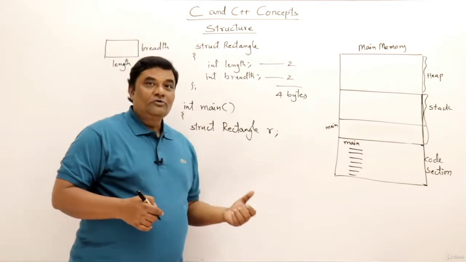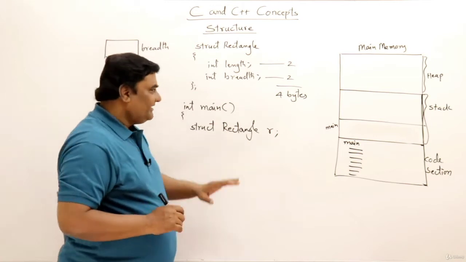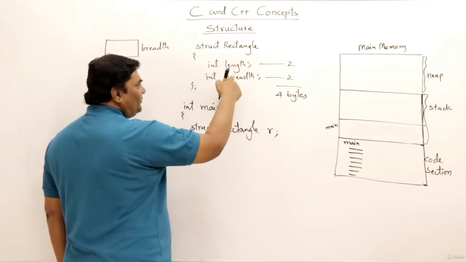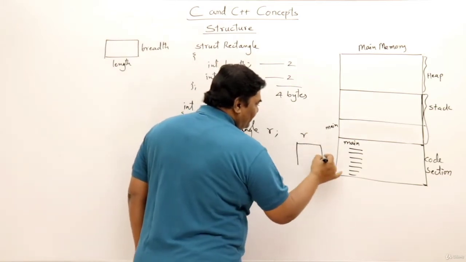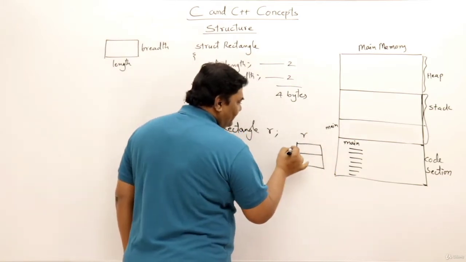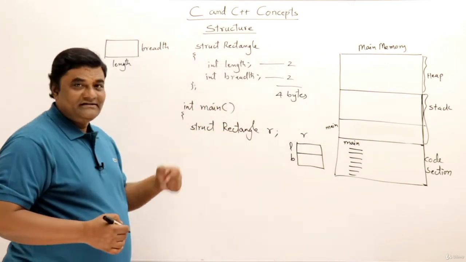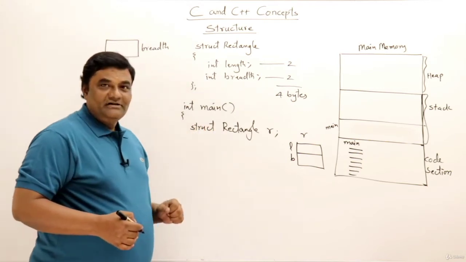Now this R will occupy memory space, right? This will be created in memory. R is of type rectangle, so it has two members, length and breadth. R will occupy a total of 4 bytes; the first 2 bytes are for length and the next 2 bytes are for breadth. So yes, it is occupying memory. This is the method of declaration.